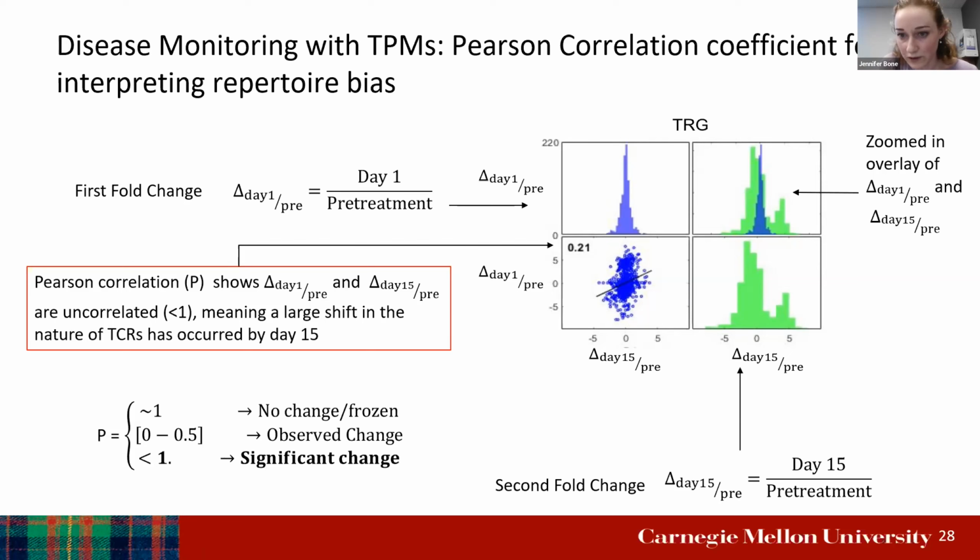We wanted a way to quantify that, so we plotted them against each other in the scatter plot on the bottom left. If these distributions were exactly the same, we would have a straight line, and we'd be able to run a Pearson correlation between the 2 and see a rho value, or strength of correlation, really close to 1. As we deviate from 1, getting closer to 0, we see more and more of this circular splattering of data.